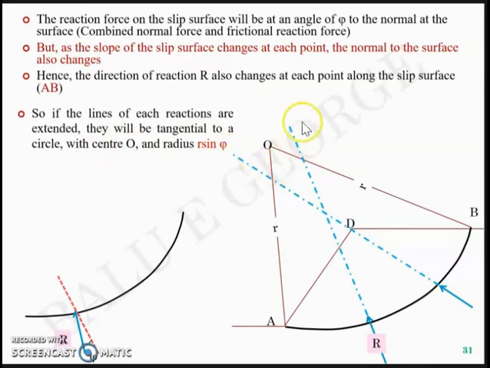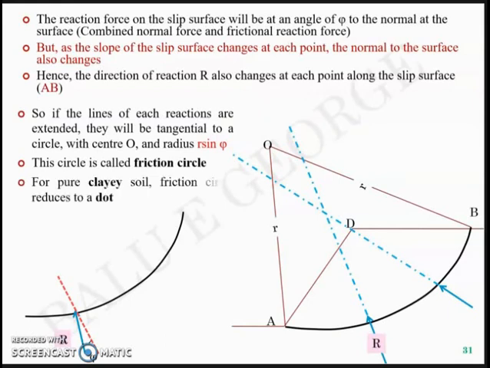In short, you'll have a circle here with center O and radius equal to r sine phi. Such a circle is called a friction circle. Now, in the case of a purely clay soil, phi is zero, so the friction circle will have radius r sine 0, which means 0 radius, and that turns out to be just a dot.